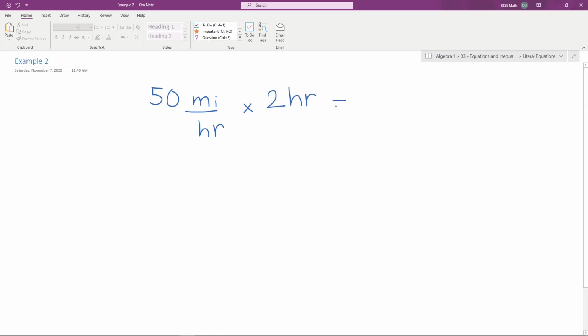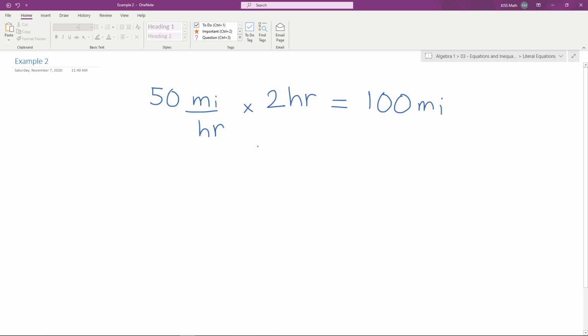So in that case, it would make sense that if you're driving 50 miles per hour for 2 hours, you would have driven a total of 100 miles.